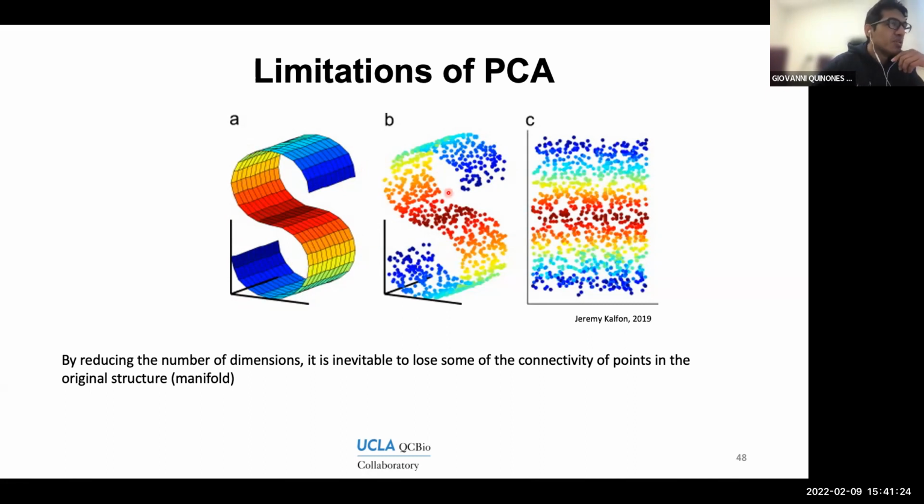So what happens when we try to reduce this 3-dimensional structure into 2 dimensions? It will most likely end up looking something like this.